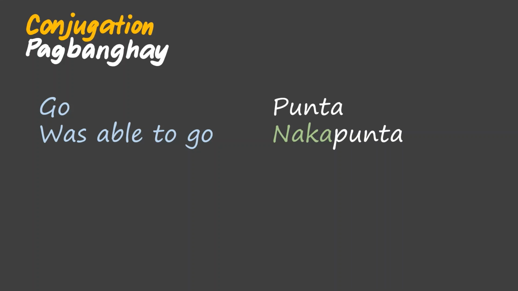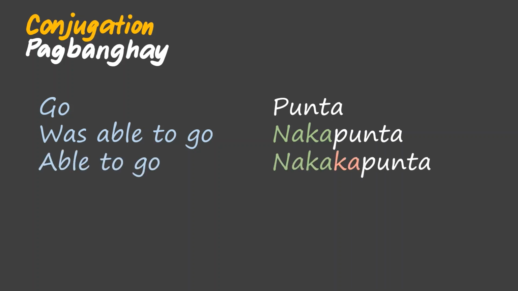We just add the prefix naka to the root word punta. To say able to go, meaning to say this is your current state, you are able to go, nakakapunta. And what we use here is the prefix naka plus another ka and punta.